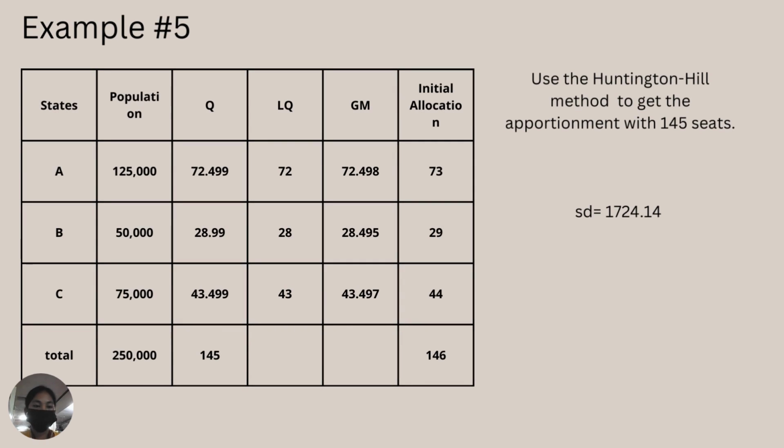So example number 5. This will be the last example. Using the Huntington-Hill method to get the apportionment with 145 seats. As you can see, there's nothing different in example number 5 from the previous examples. We have states A, B, C, and our populations are 125,000, 50,000, 75,000, with a total of 250,000.